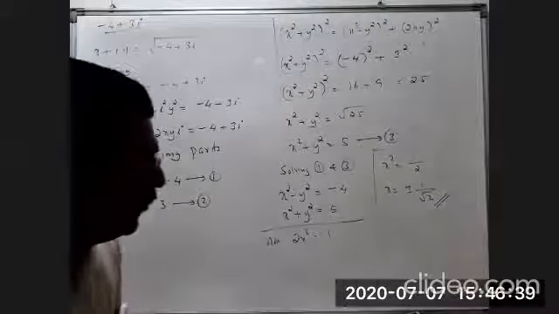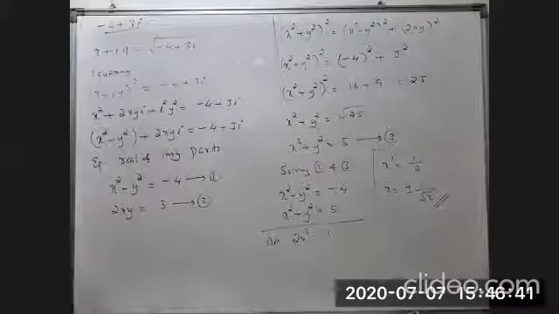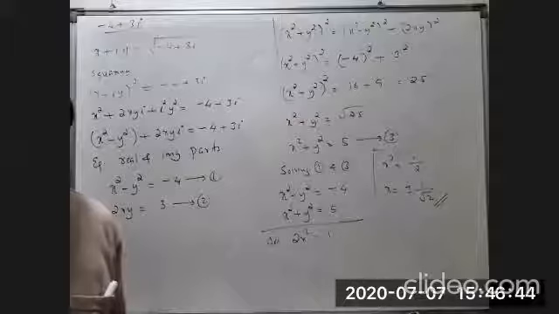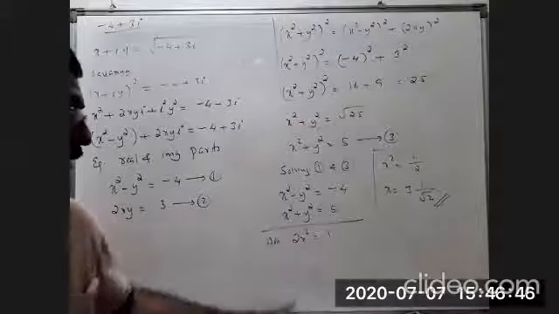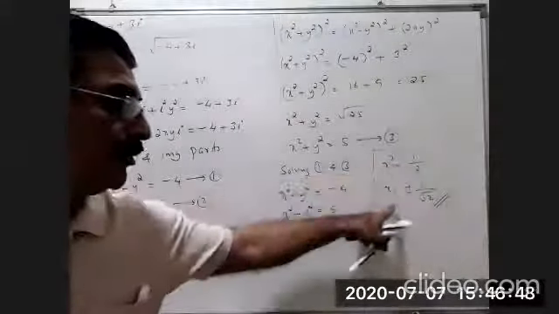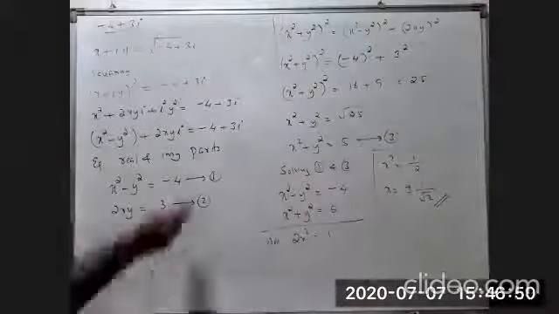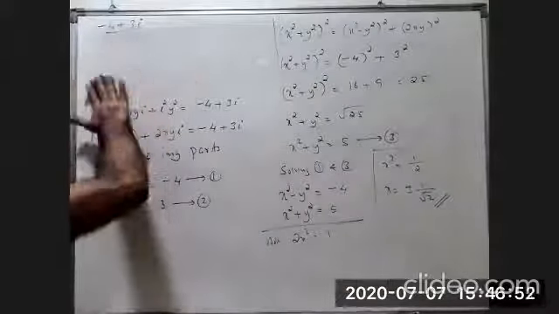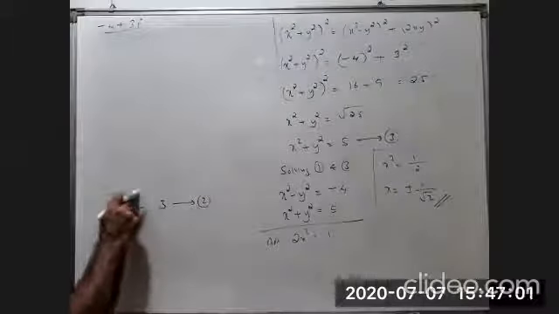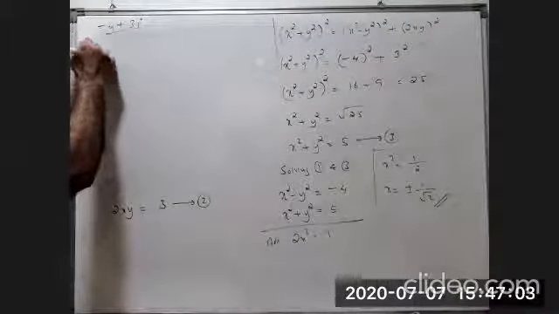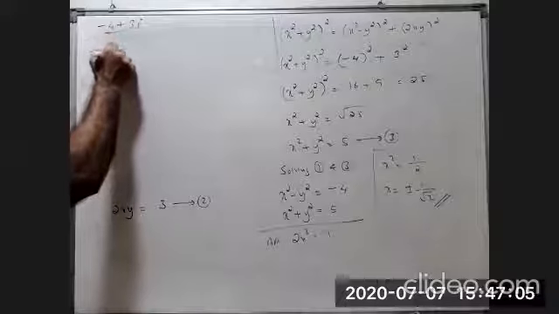Is it? One by root 2. X square is 1 by 2. X is plus or minus 1 by root 2. First, x is 1 by root 2.